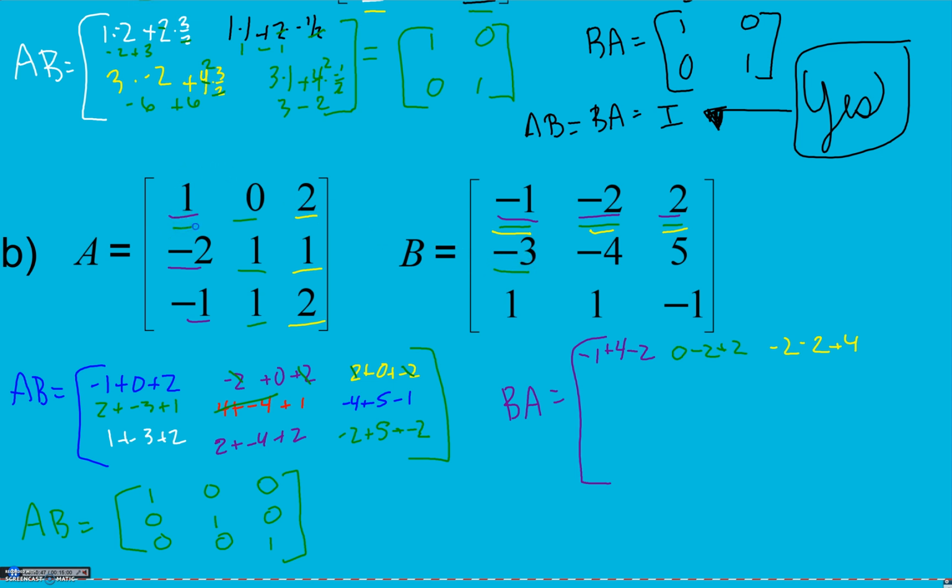Negative 3 times 1, negative 4 times negative 2, 5 times negative 1.